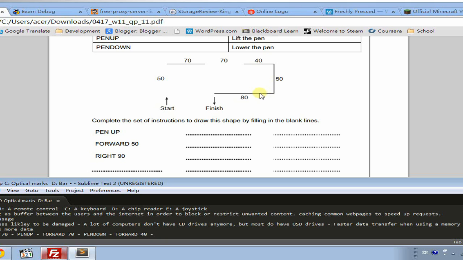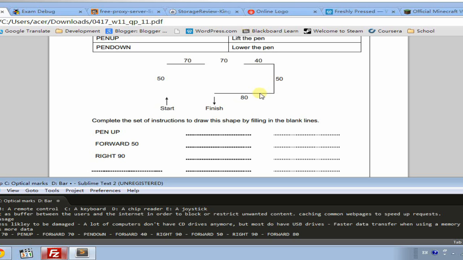Yep, so I'm going to be turning to the right 90 degrees. Okay, then forward 50. Right 90 and forward 80.